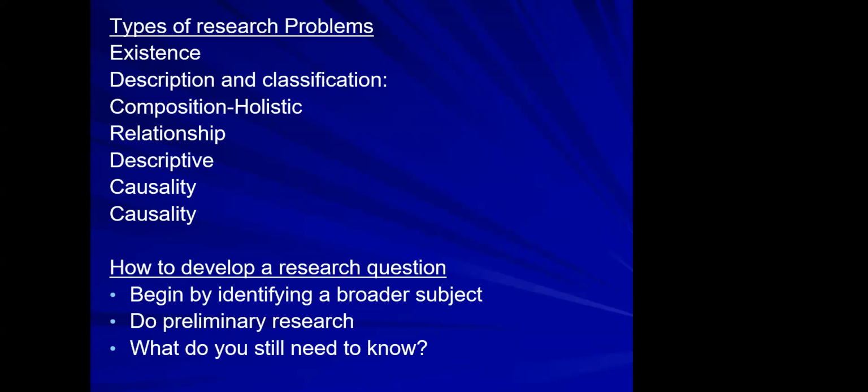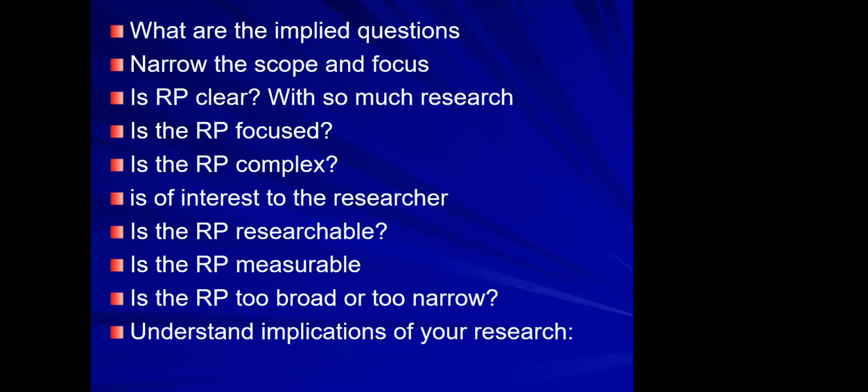So how do you develop these research questions from the objectives? Begin by first identifying the broader subject, that is your statement of problem. Also look at your preliminary research, whatever your survey of literature gives you. What you still need to do is narrow the scope and focus.